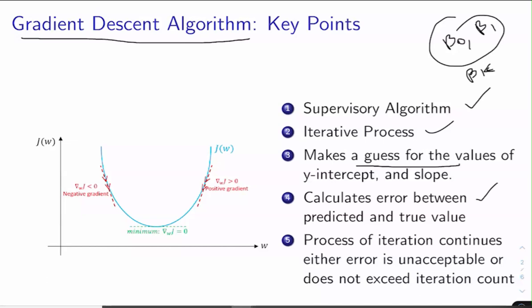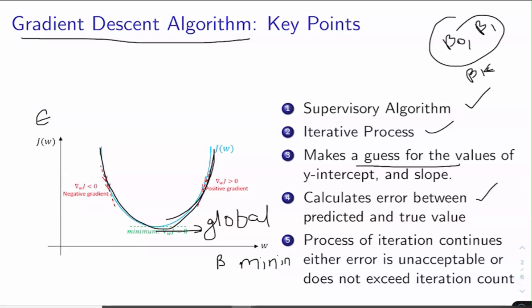And we have seen that when we plot a graph of beta on the x-axis and the error function on the y-axis, we get a U-shaped graph, and we call its lowest point the global minimum or global minima.